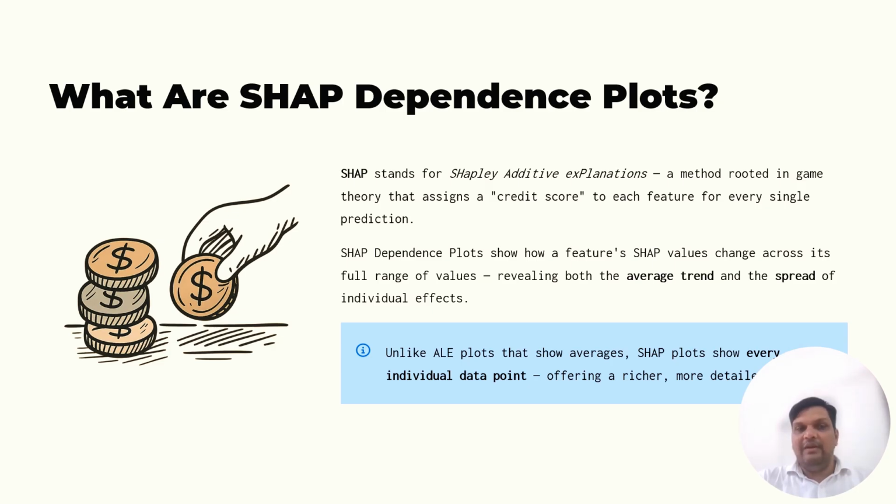SHAP means Shapley additive explanations, a method rooted in game theory that assigns a credit score to each feature for every single prediction. A SHAP dependence plot shows how a feature's SHAP value changes across its full range of values, revealing both the average trend and the spread of individual effects.